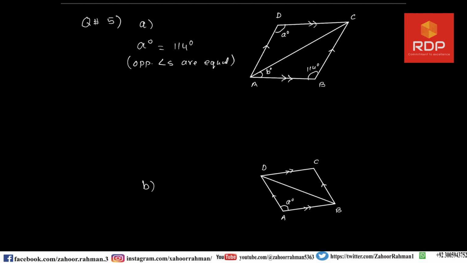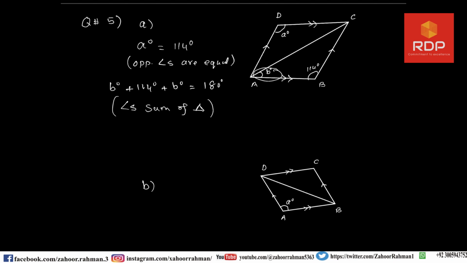The second part is now that we have to find b degrees. Ladies and gentlemen, we have to look at the lower triangle, and you know that the angle sum of a triangle is always equal to 180 degrees. So b degrees plus 114 plus b degrees is equal to 180 degrees.